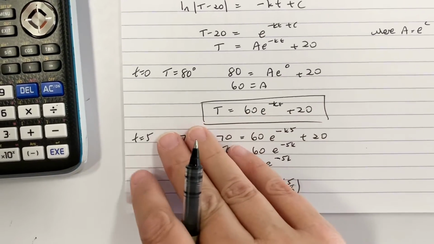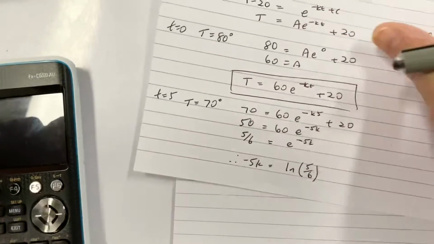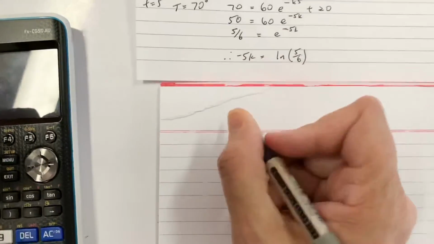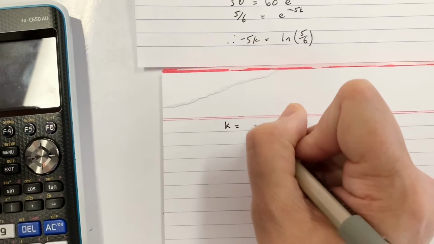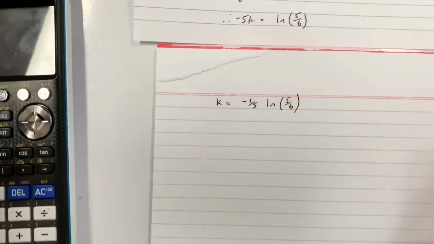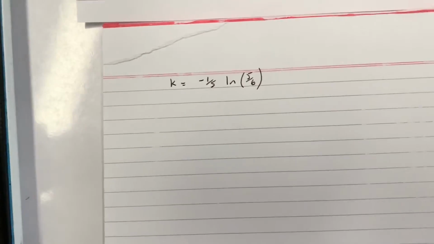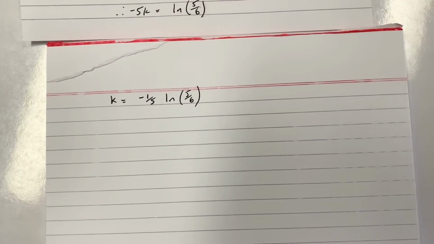Sorry, I'm just going to go to a different bit of paper. We're trying to work k out. So k is going to be negative 1/5 ln 5/6. And that's where we get our k.